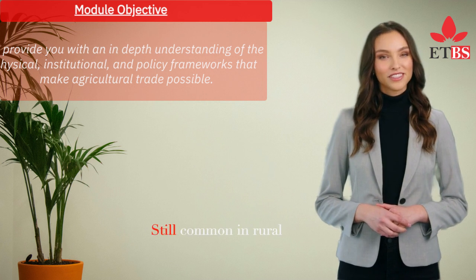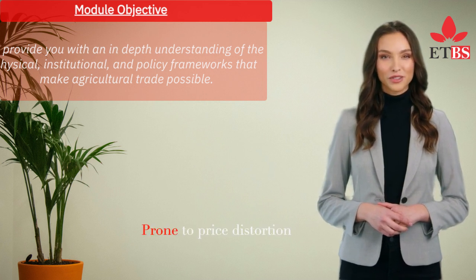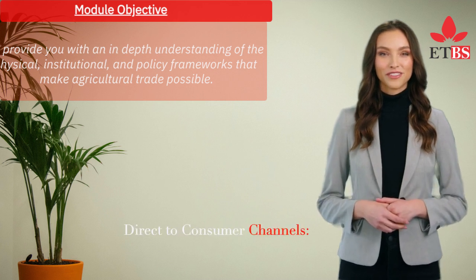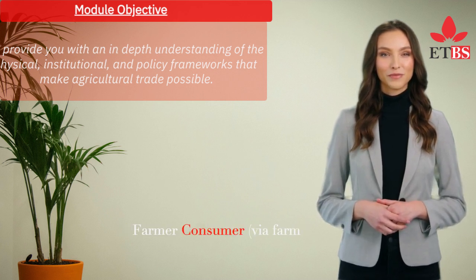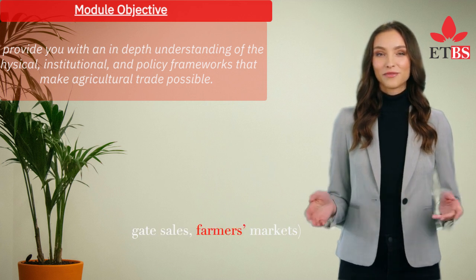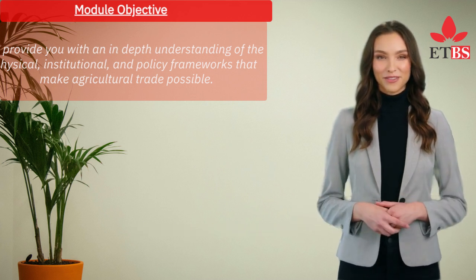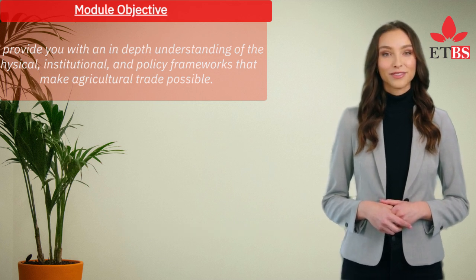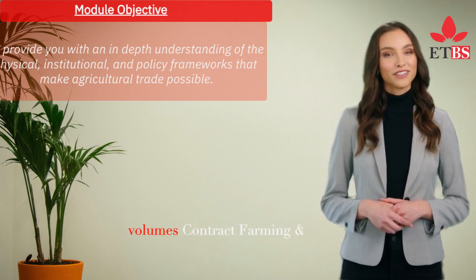Still common in rural areas, but prone to price distortion and poor quality control. 2. Direct-to-consumer channels: farmer to consumer, via farm gate sales and farmers markets. Farmers earn more, consumers pay less, but not suitable for large volumes.